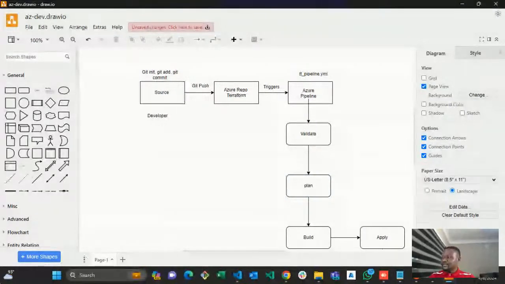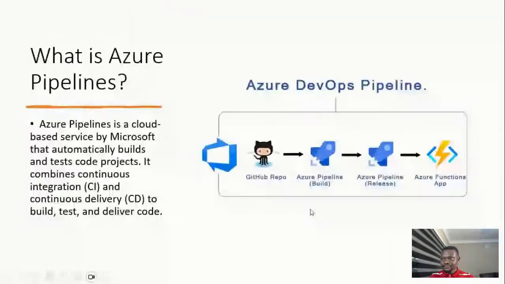So let's go back to our slide, and come back to this later. As you can see in the example diagram I have here, we have our code. This assumes that our code is in a GitHub repository, but in the whiteboarding I just did, our code is in Azure Repo.